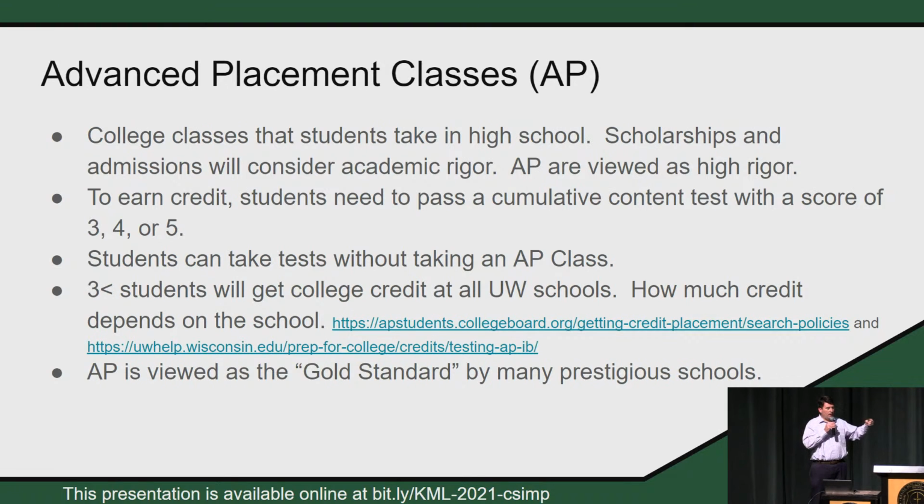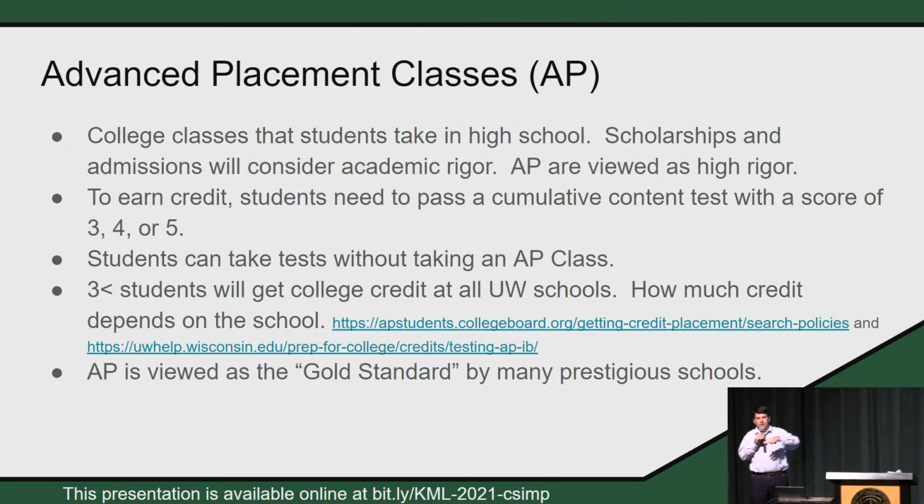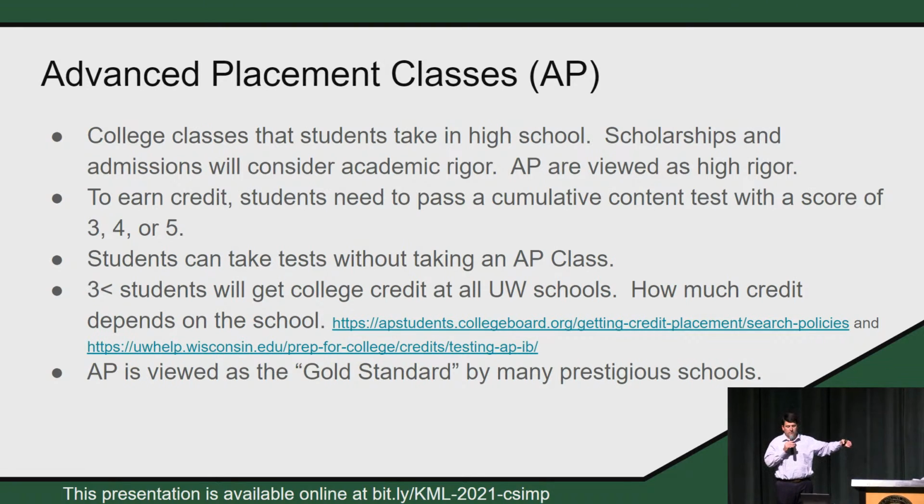AP classes are college classes, and they differ from dual credit in that at the end of the year, the students will sign up to take an extensive, cumulative exam from the year. Typically the exams last about 3.5 hours, and they take them during a school day.